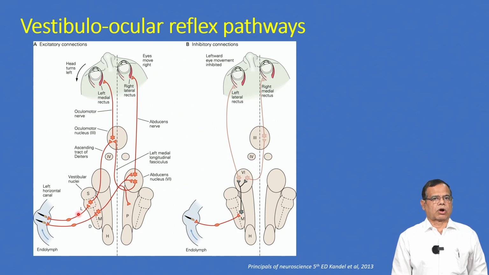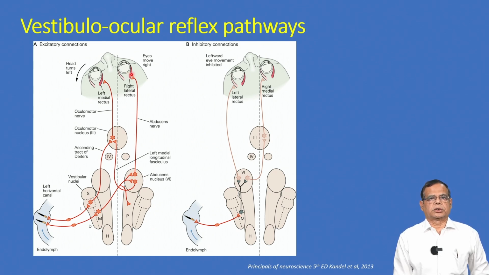The fibers of the vestibular nerve relay into the superior and medial vestibular nucleus. From the medial vestibular nucleus, fibers cross the midline through the medial longitudinal fasciculus and relay into the abducens nerve nucleus. The abducens nerve supplies the lateral rectus of the same side.